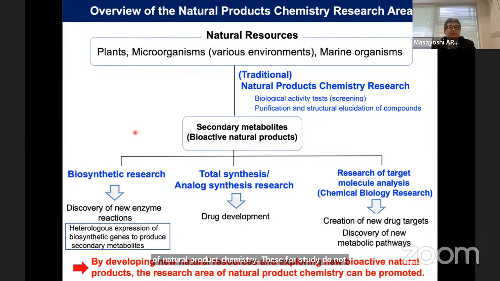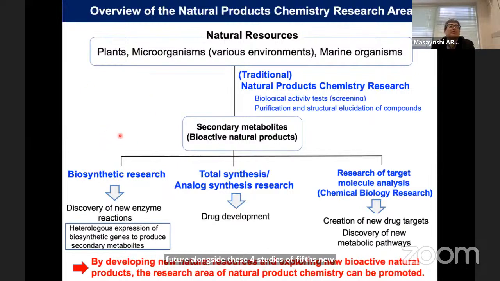To advance this area, it's crucial to explore new natural resources and discover new secondary metabolites, thereby revitalizing the entire field. Furthermore, it's hoped that in the future, alongside these 4 studies, a 5th new study will emerge.